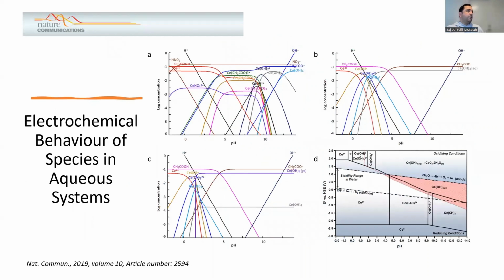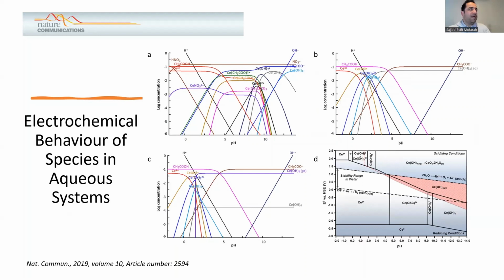In this slide, I'm going to talk about one of the works that we have done in 2019. It's published in Nature Communications. The very important thing about this paper is that, for the first time, we showed that you can get redox pseudocapacitance behavior from cerium oxide, which hadn't been reported by that time.